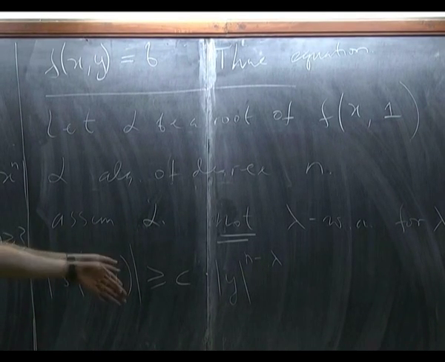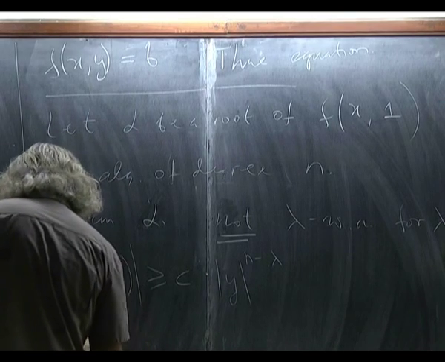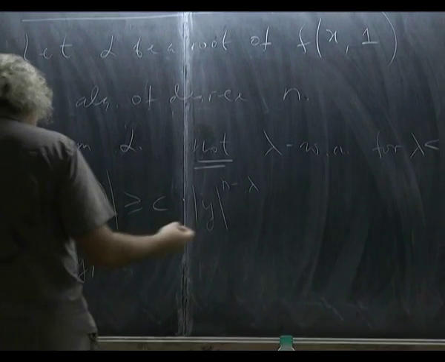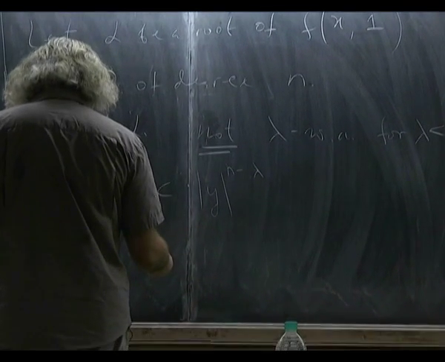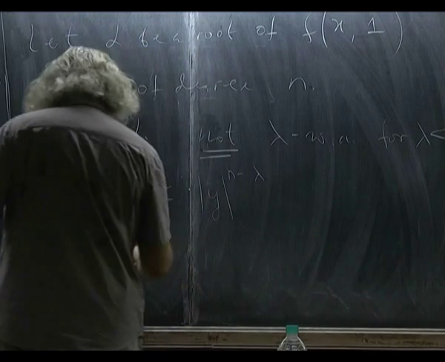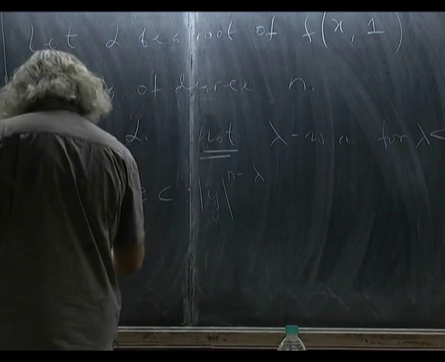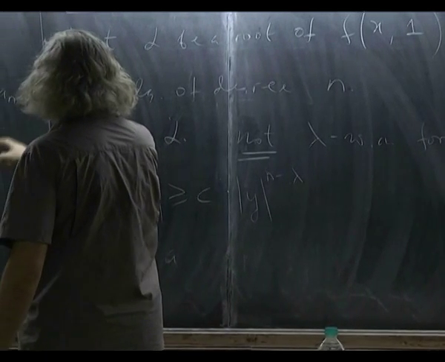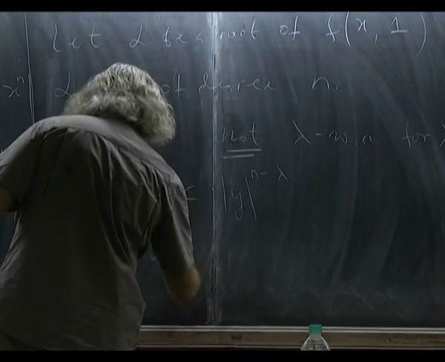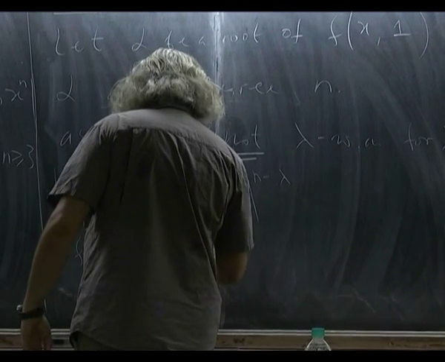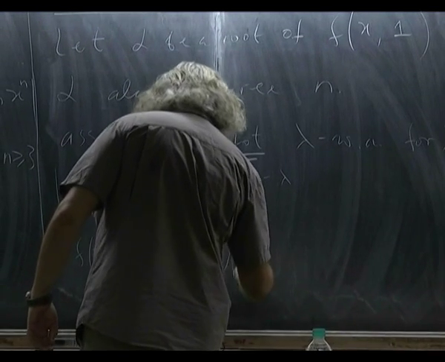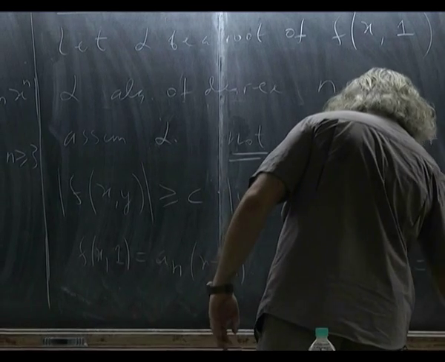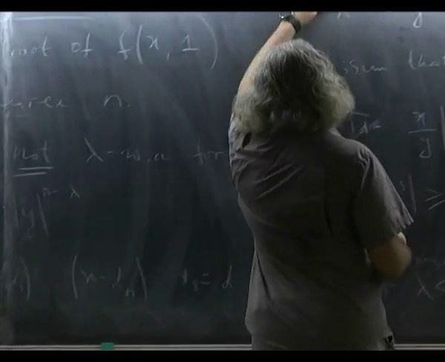It's easy to deduce because we can write f of x, y. If f of x, 1 is a_n times (x minus alpha 1) and so on up to (x minus alpha n), where alpha 1 is, say, alpha.